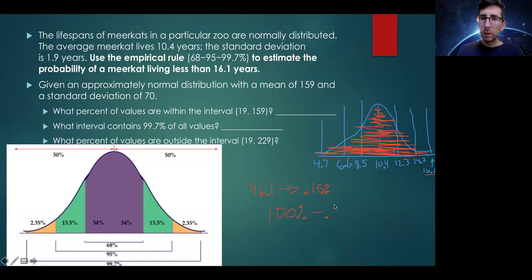Let's just take 100%, subtract the 0.15% we know we're missing. And what do we get? We get 99.85%. A little bit easier than adding up 2.35 plus 13.5 plus 34 plus 34 and so on. But if you felt more comfortable with it, you could do it that way.